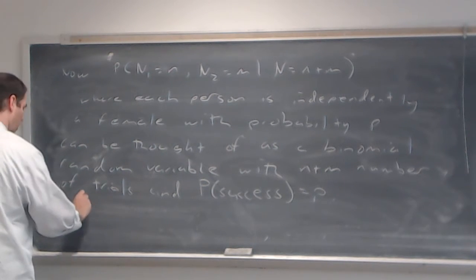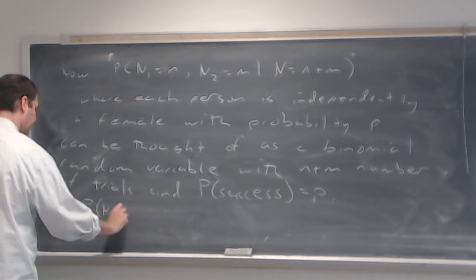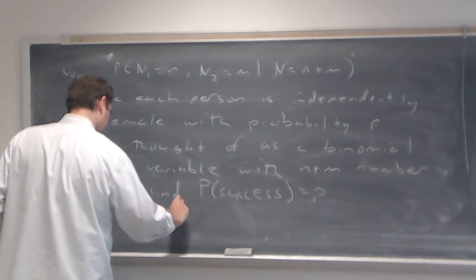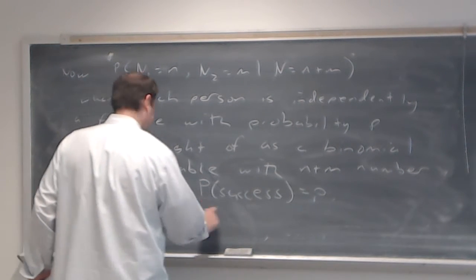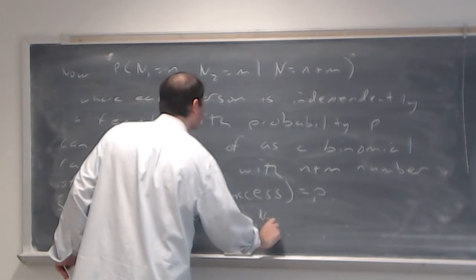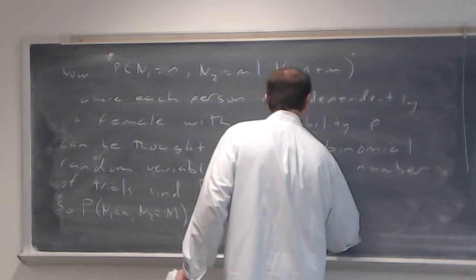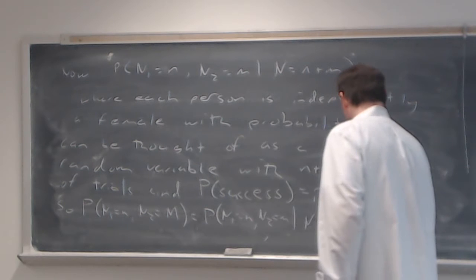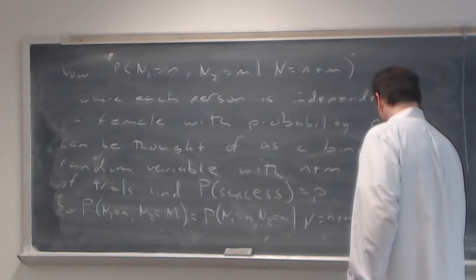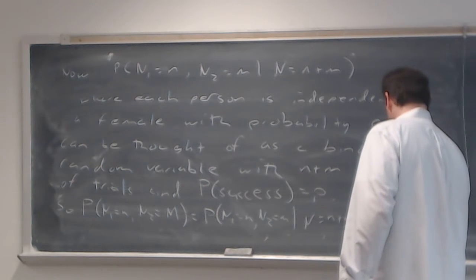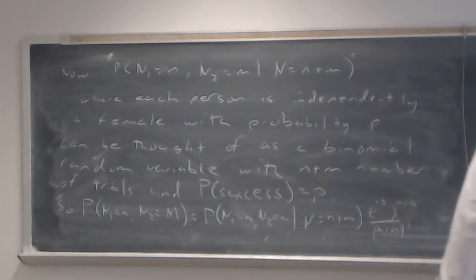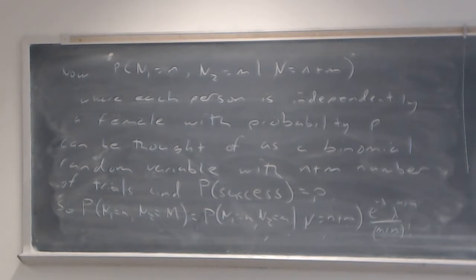So what we're looking for, the probability that N sub 1 equals n and N sub 2 equals m, is equal to this guy right here, times this e to the minus lambda, lambda to the m plus n over m plus n factorial. And now I'm going to substitute in the PMF for a binomial with those parameters.